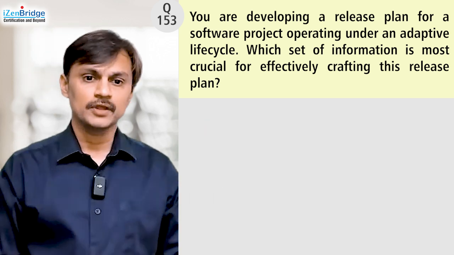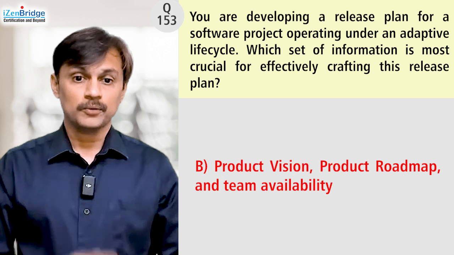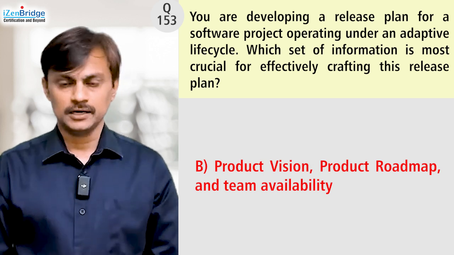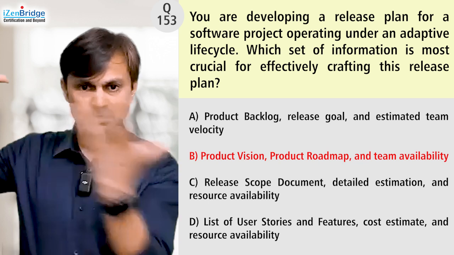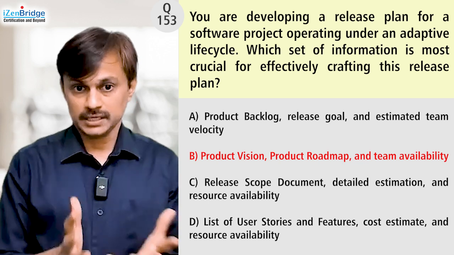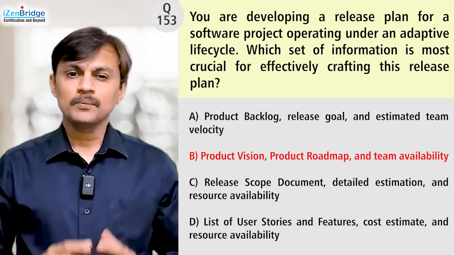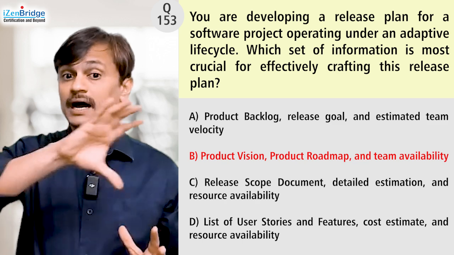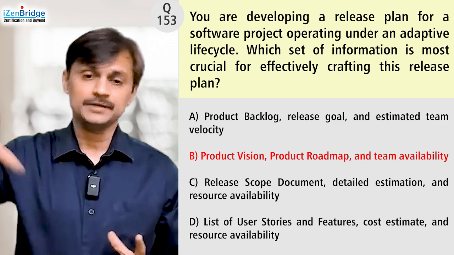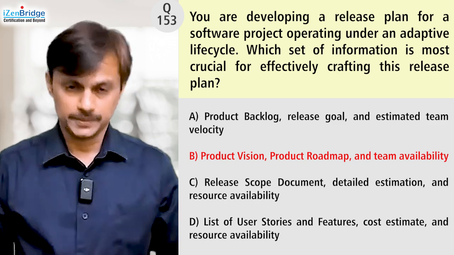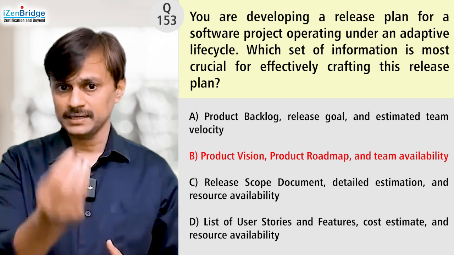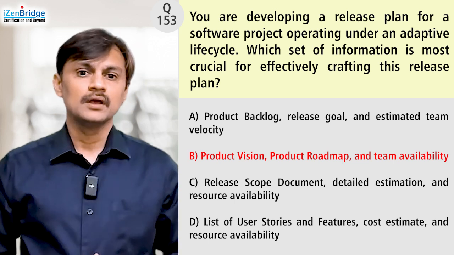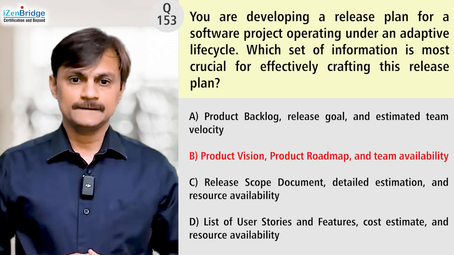Let's see option B: product vision, product roadmap, and team availability. Yes, vision shows me the high-level direction. That's a good thing. Product roadmap gives me a high-level picture of when things will happen. That's also a good input, and it can indirectly tell me the release goal. And the team availability.